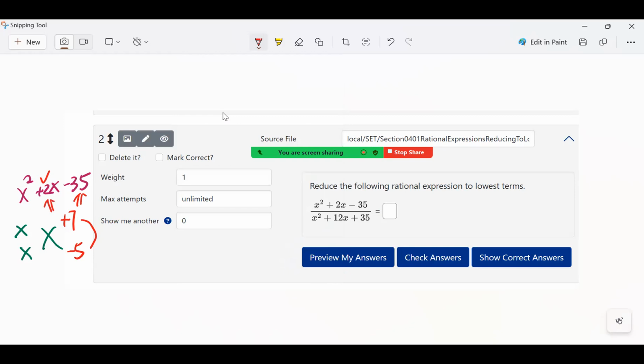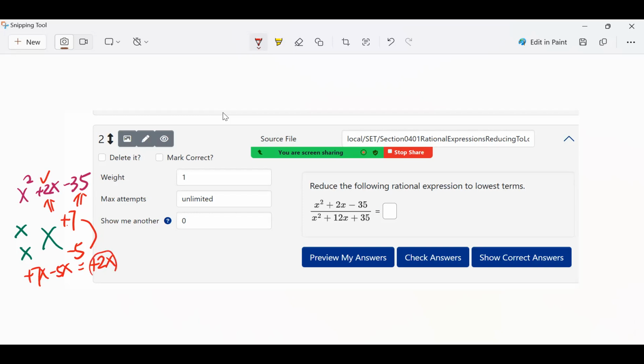It's a quick method for factoring trinomials. We can double check by cross multiplying: plus 7 times x is 7x, minus 5 times x is minus 5x, and that gives us positive 2x.